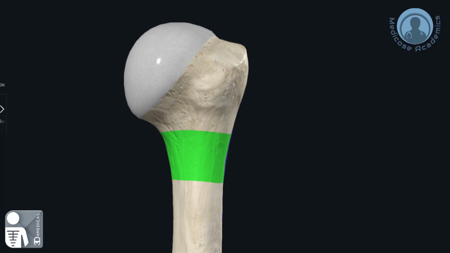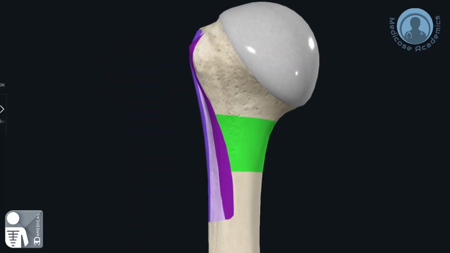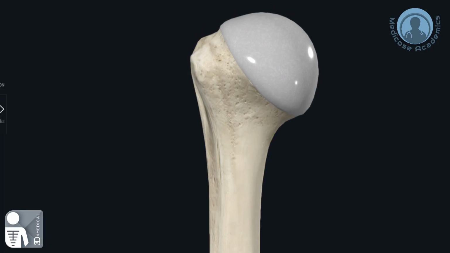This is a common site of fracture associated with a nerve injury that we will see by the end of this lecture. Do not confuse it with the anatomical neck that was present between the articulating head and the non-articulating part.